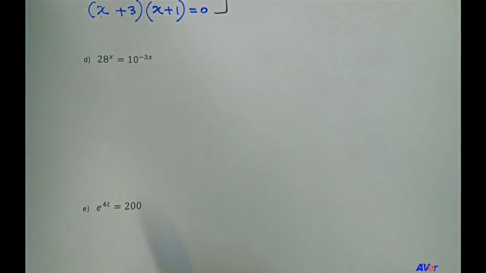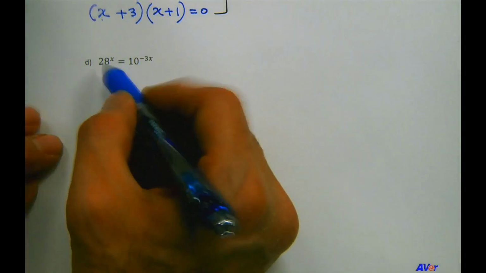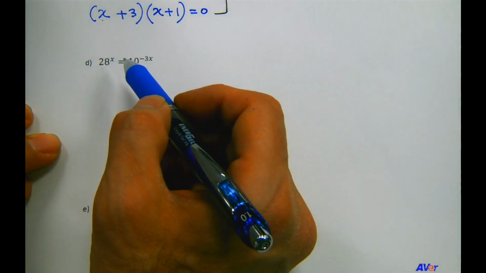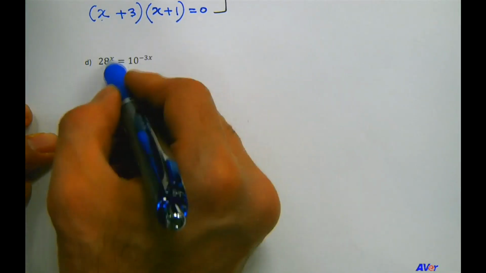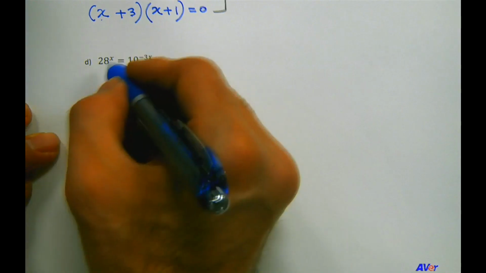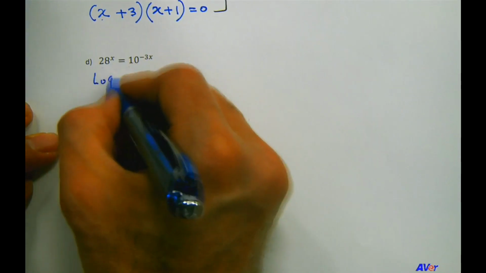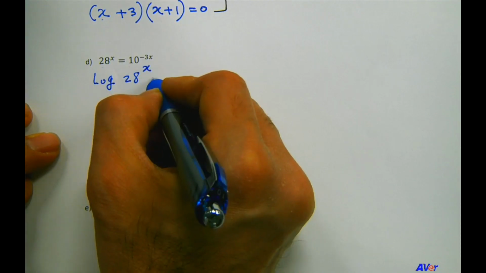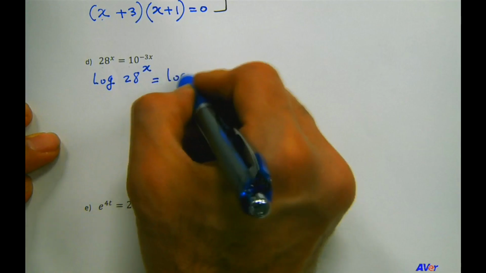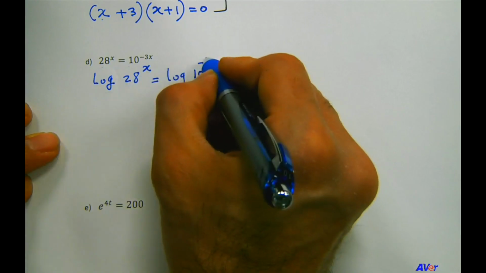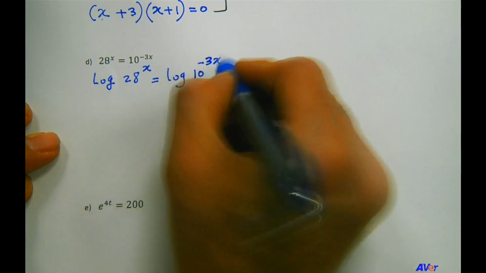Well, in this case, we can take the log of both sides, right? So to bring the x down and solve for x. So let's do that. So log of 28 to the power x is equal to log of 10 to the power negative 3x.